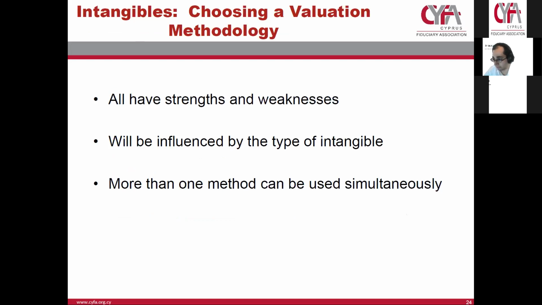All the methodologies have strengths and weaknesses, and they are highly dependent on the type and nature of the intangible. So it's recommendable to use more than one method to have a strong outcome and a strong view on the value, unless there is one method that is clearly the most appropriate.